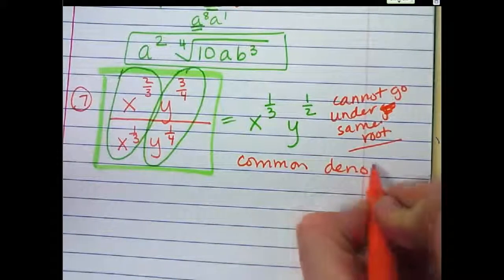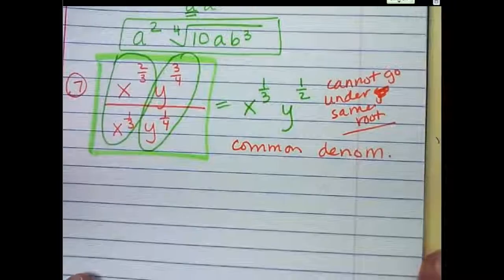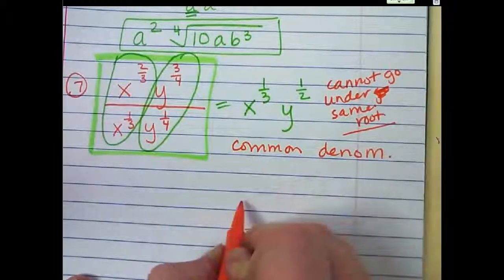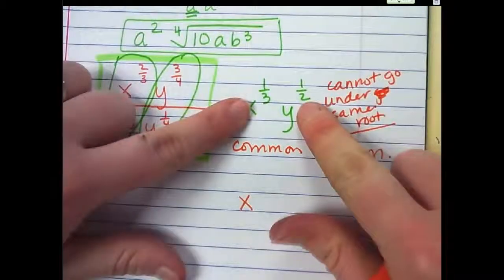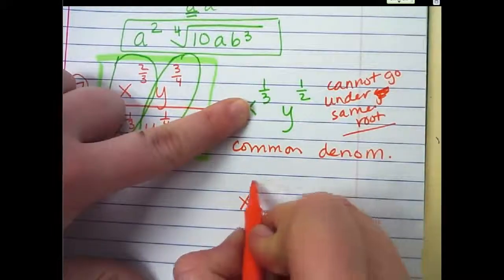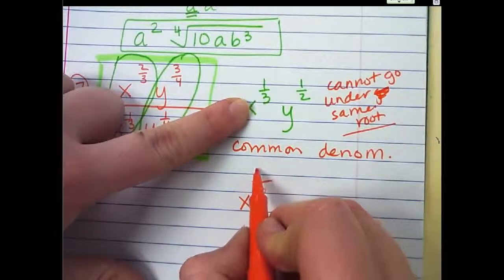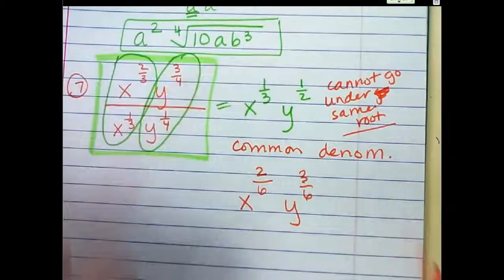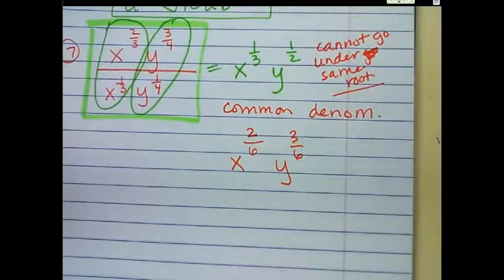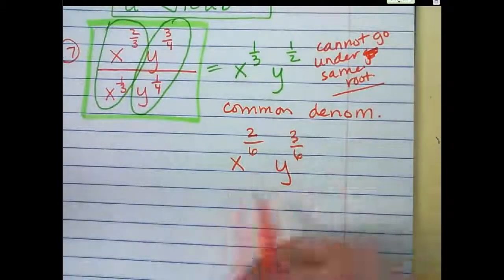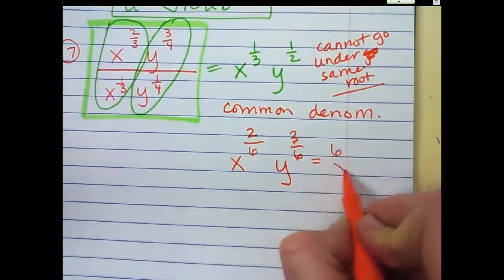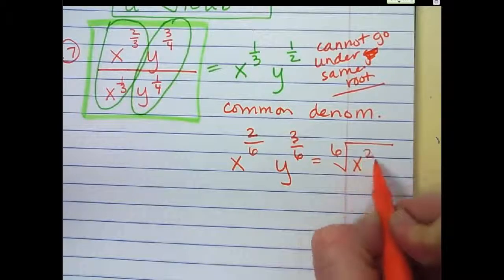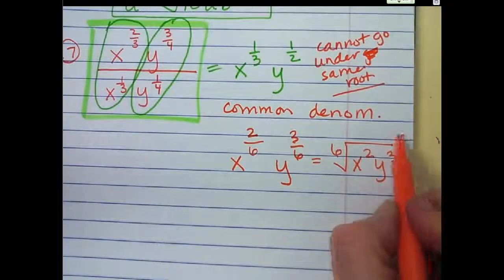If we do a common denominator, then I can put them under the same root. So what is the common denominator between 3 and 2? 6. So this becomes 2/6, and this becomes 3/6. And now they can go under the same root. 6th root of x squared, y to the 3rd.